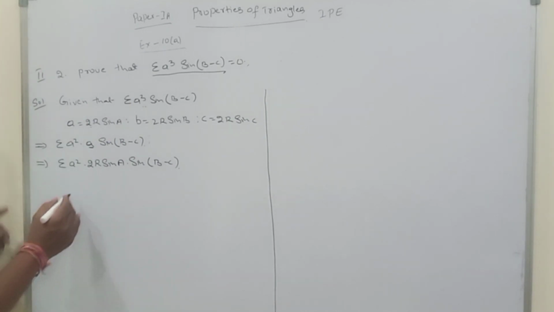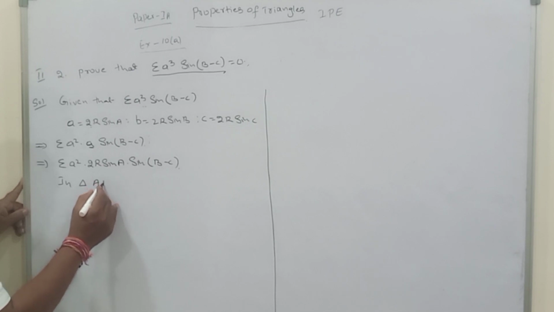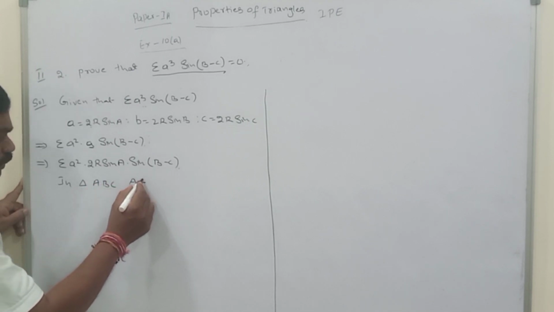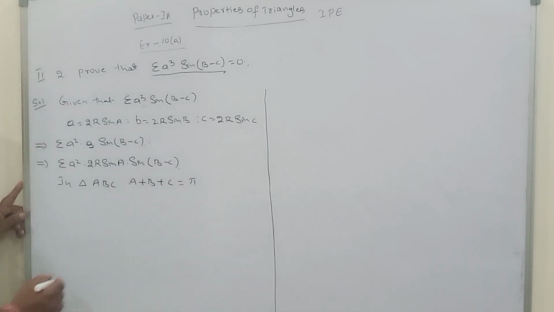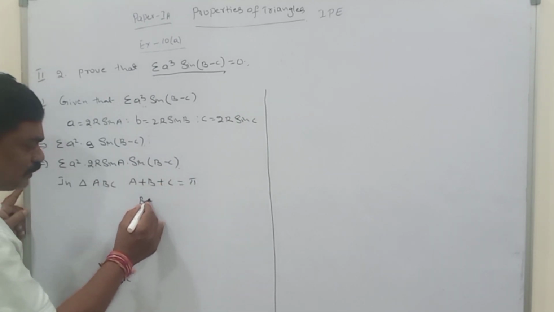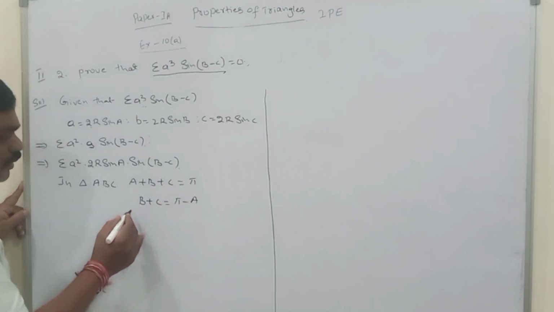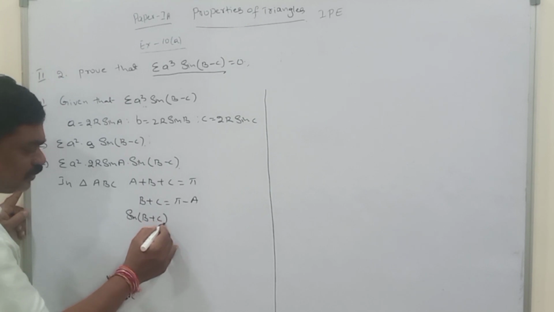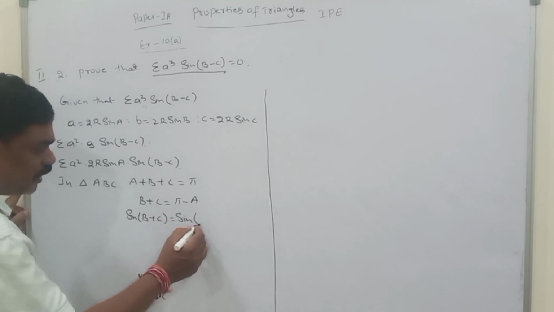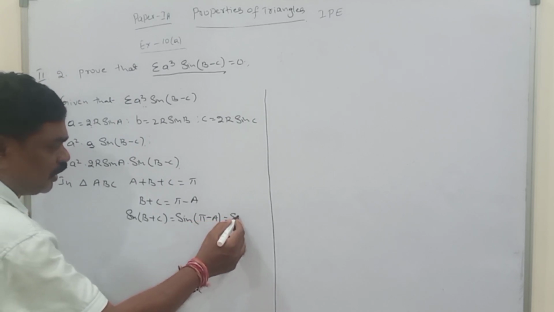But we know that in triangle ABC, A plus B plus C is equal to pi. So B plus C is equal to what? Pi minus A. But sin of B plus C is equal to what? Sin of pi minus A is equal to what?